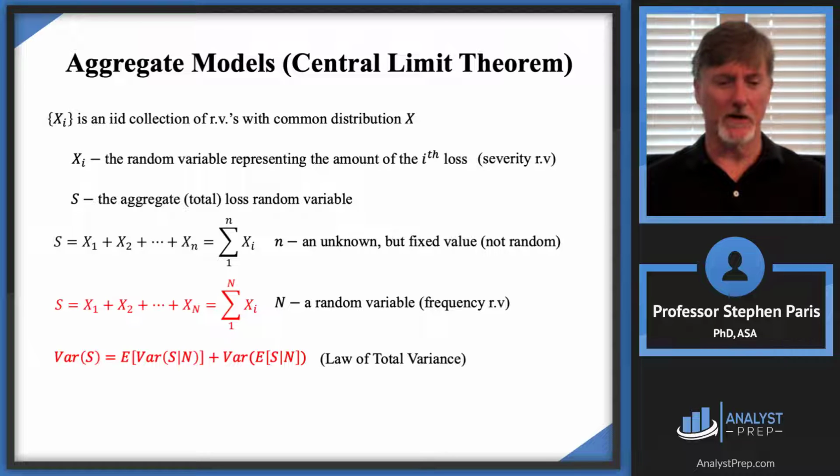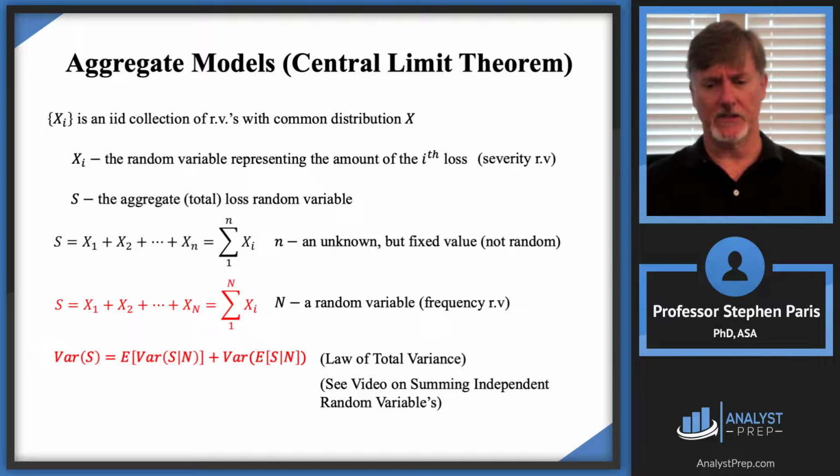Use it to calculate the variance of an aggregate sum where the frequency is not known but is a random variable itself. I did an example on this, so see the video on summing independent random variables; at the end of that video there's an example on exactly this situation.